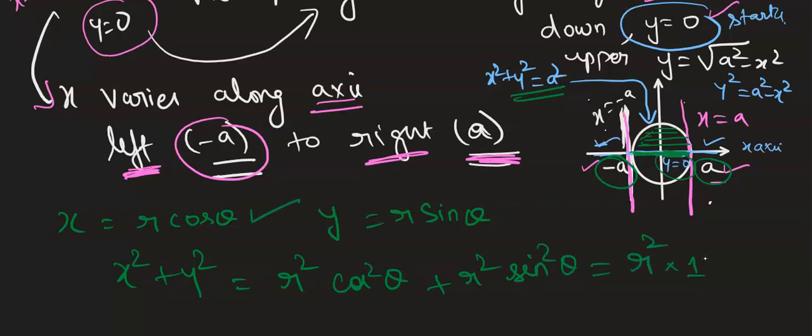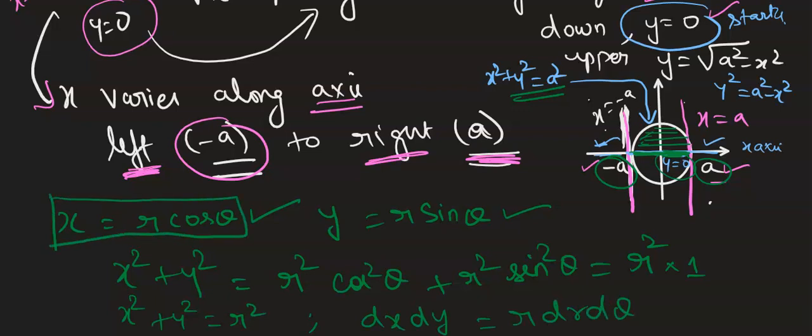So you are going to use the formulas x is r cos theta, y is r sin theta, x square plus y square is equal to r square, and dx dy is equal to r dr d theta. How we got r dr d theta, all those things will be given as a separate proof. For the time being, for polar coordinates, use these formulas by default.